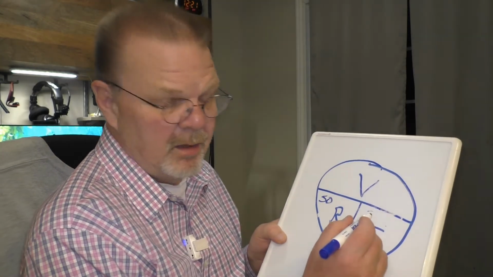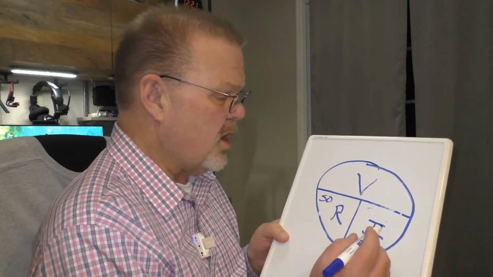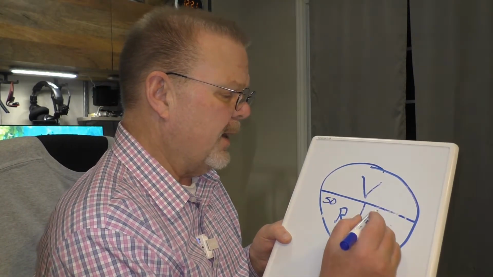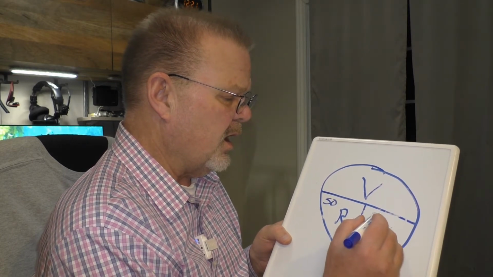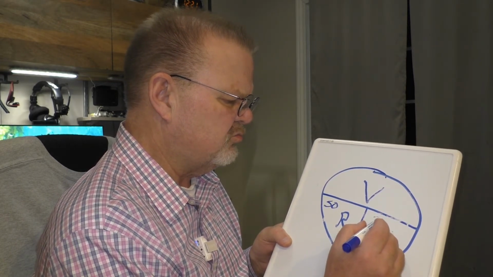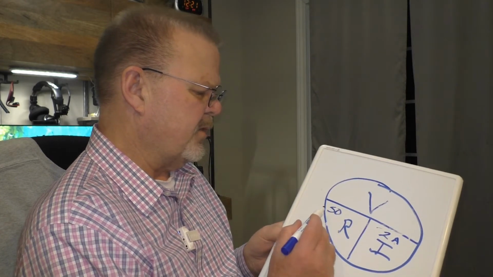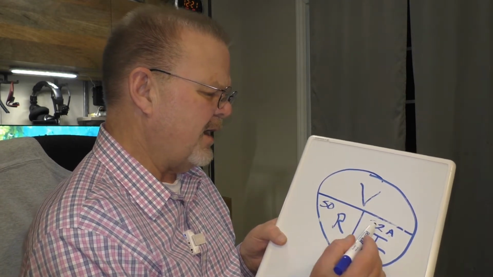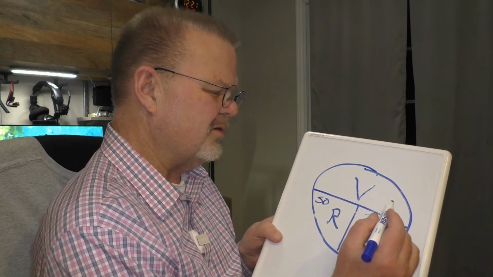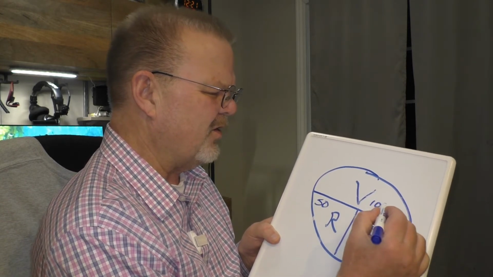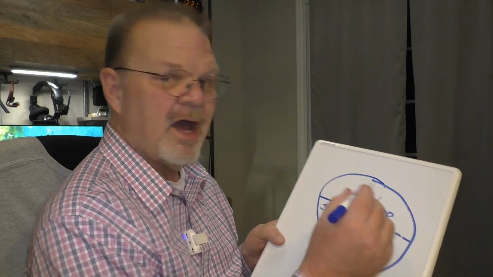We are measuring that we are using 2 amps. Okay, 50 times 2 equals, that's right, 100. So we're using 100 volts. Easy peasy, right? Okay, let's go look at the power equation.